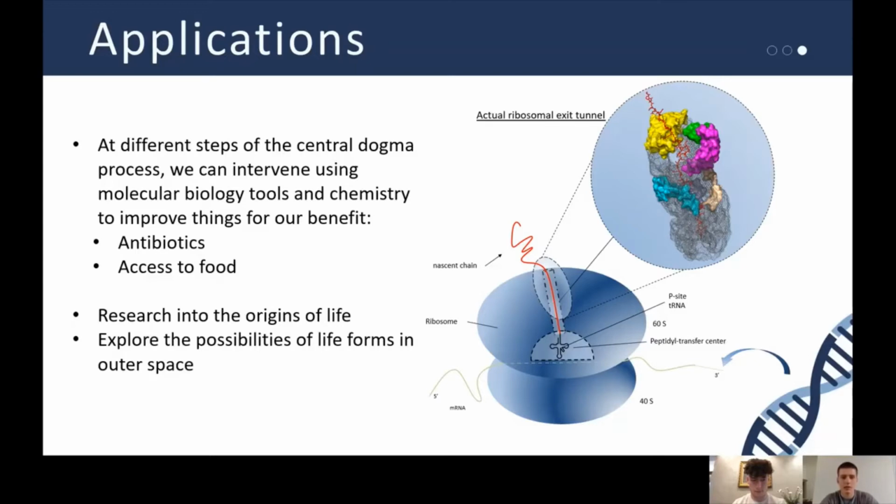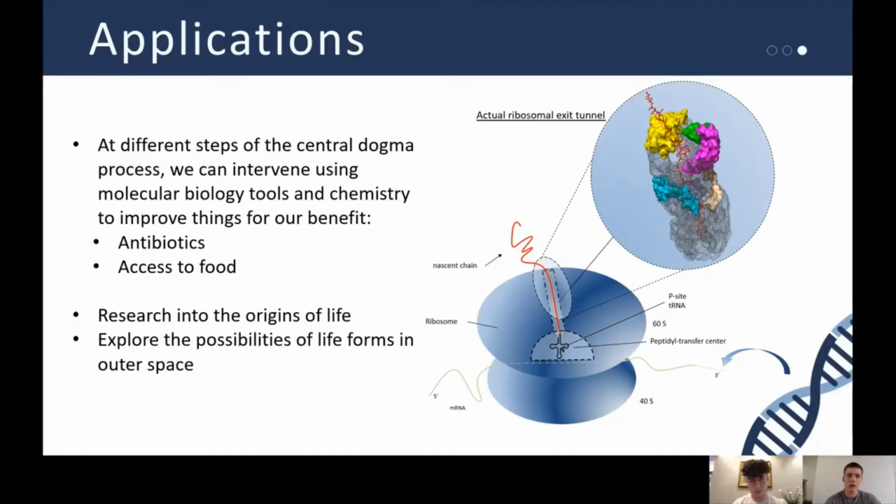And also access to food. So for example, in areas that have poor food access, we can increase crop yields, which means increase the amount of crops that we produce or food produced by increasing this process on the right of producing proteins. We can increase this in certain plants, allowing them to grow more with the resources that they have.